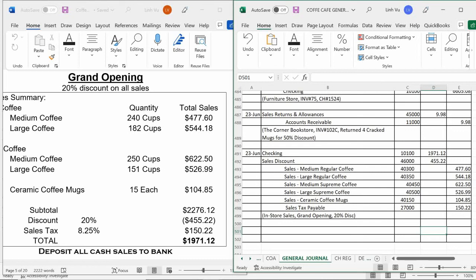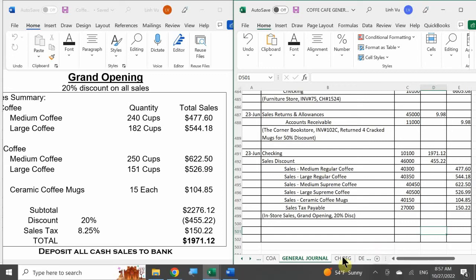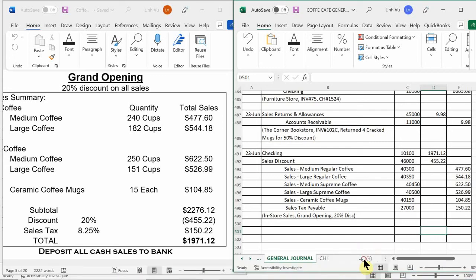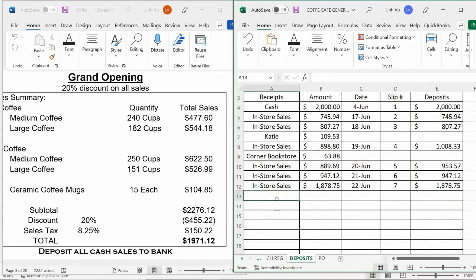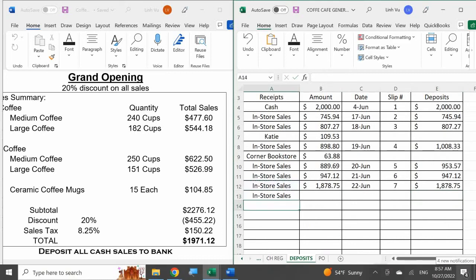So what is next? We're going to make a deposit. We're going to make our cash deposits today. Another in-store sales for a total of $19.71 and $12.